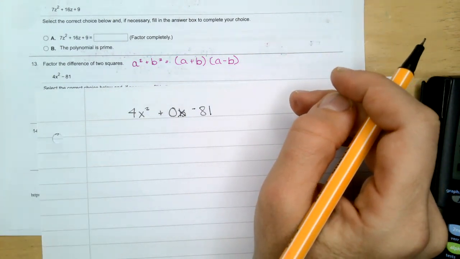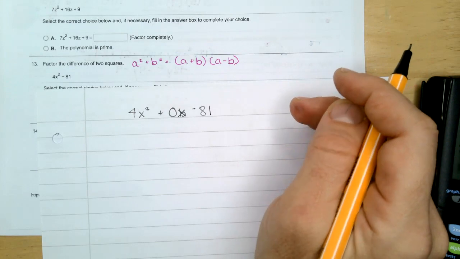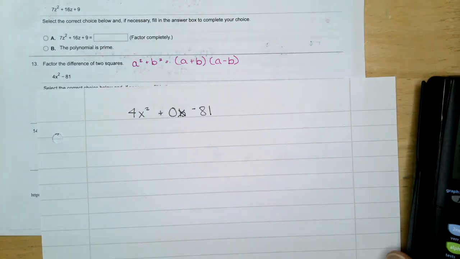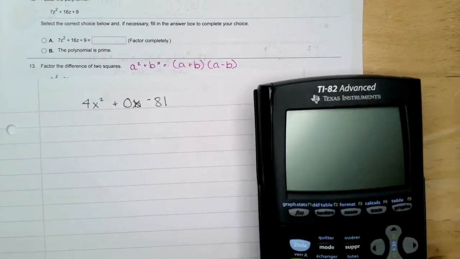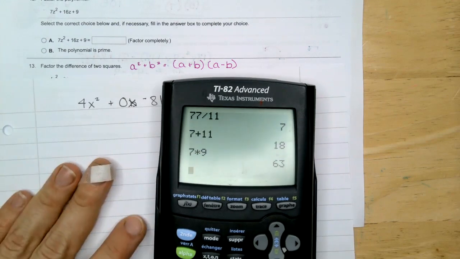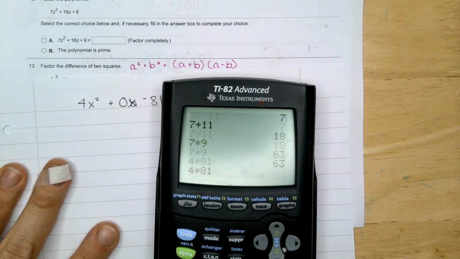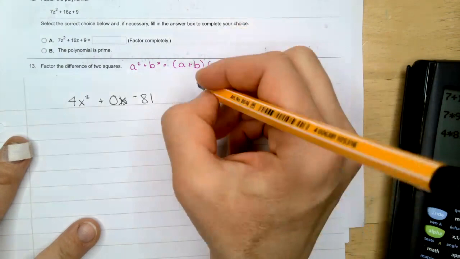It would just be a really big number. Yeah, you could do that. 4 times 81 is 324.